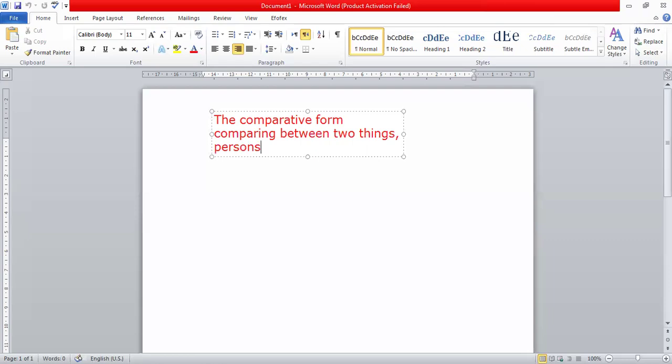But in the superlative we have more than one. Here we have two persons, two things. Okay, this is the comparative. When we say this, we can do this form by adding er to the adjective, then than.